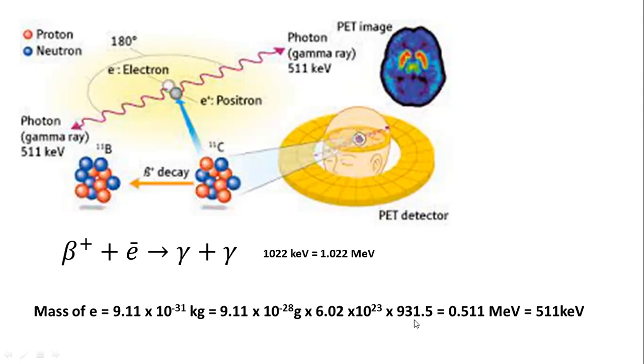This is the one unified mass. You can directly convert the mass into energy by multiplying 931.5, and you will get the value of 0.511 mega electron volt, or further you can multiply with 1000, it will convert into 511 kilo electron volt. So the sum of the two gamma rays will produce the energy of 1.022.